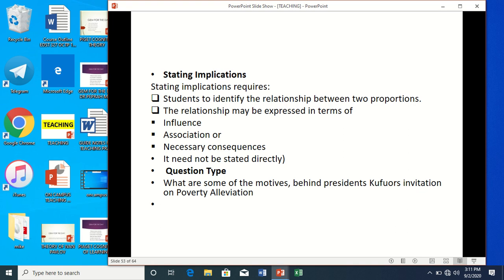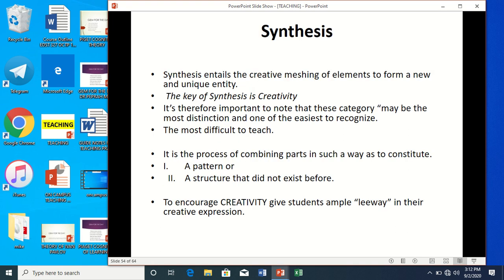It requires the student to show relationship, the consequences of something. So, analysis, summing up, like we have said some time ago, is breaking a whole, something, into its constituent parts, so you can have the skeleton.